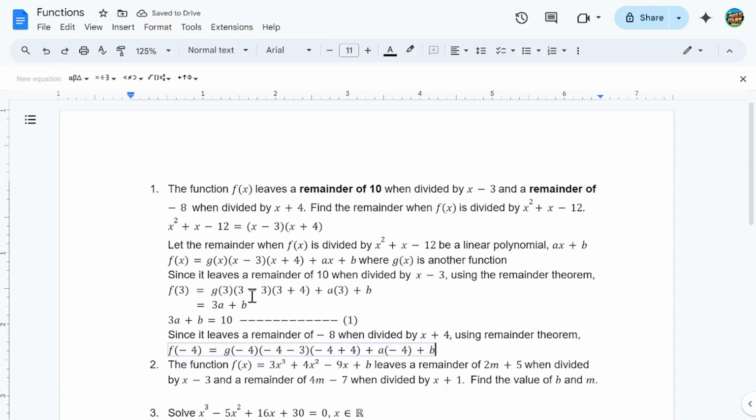This is the same as the previous equation, as we do not need to find what's function g, as -4 plus 4 already gives you 0. So this whole part with function g inside it equals 0.